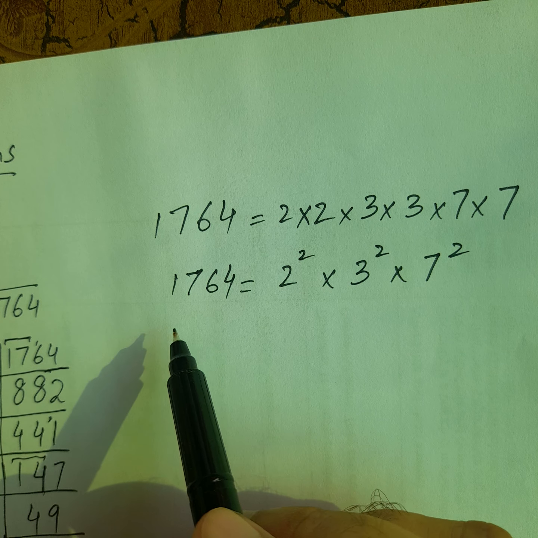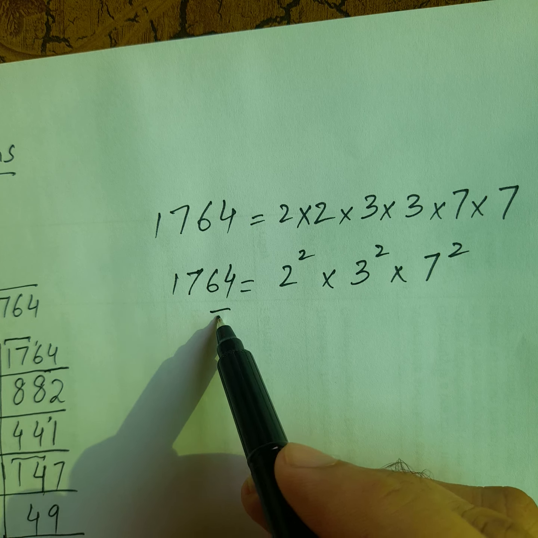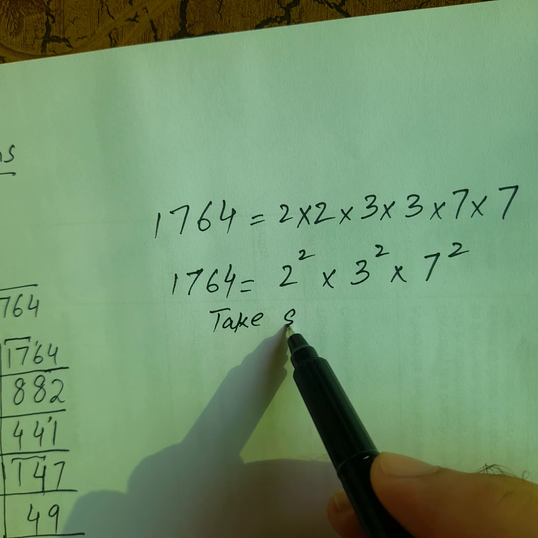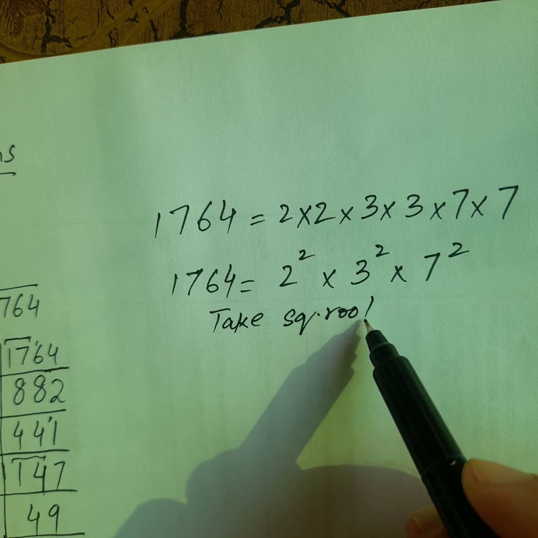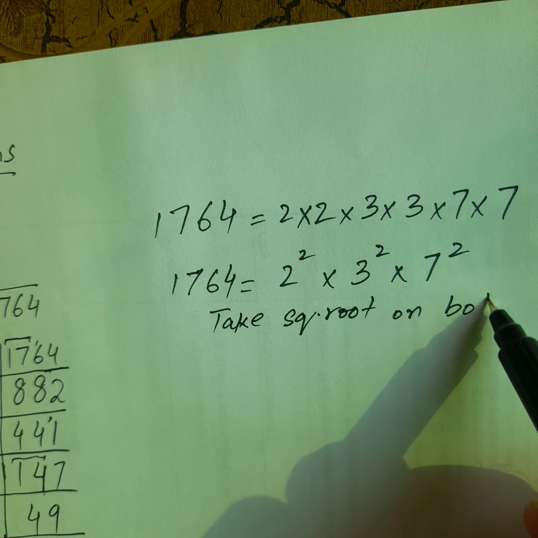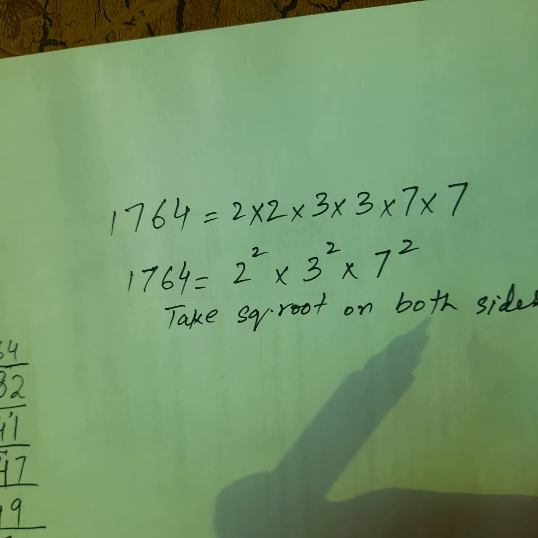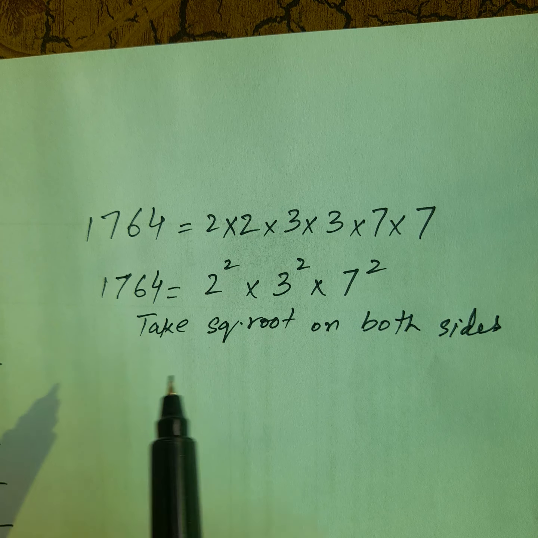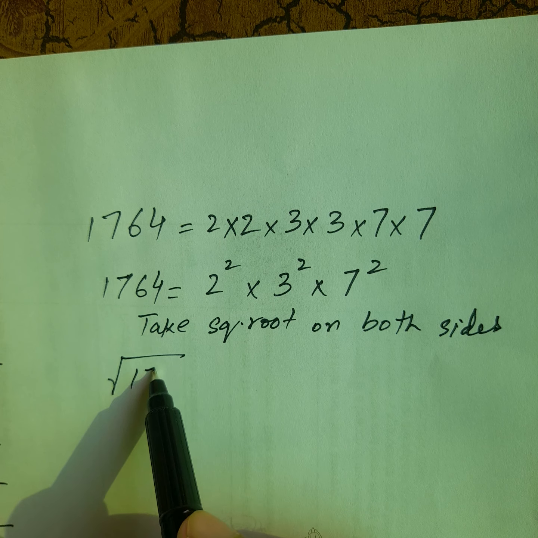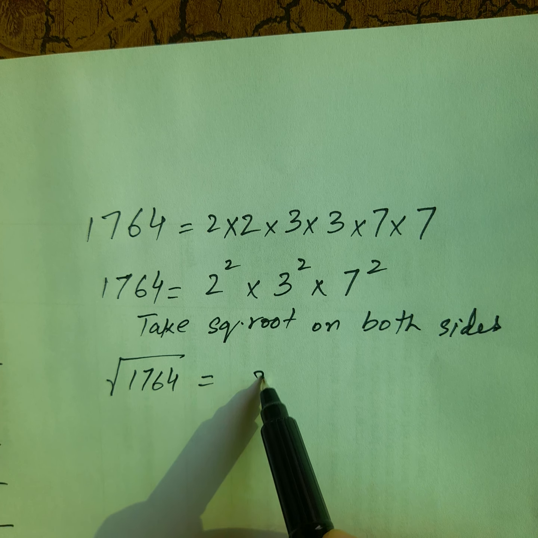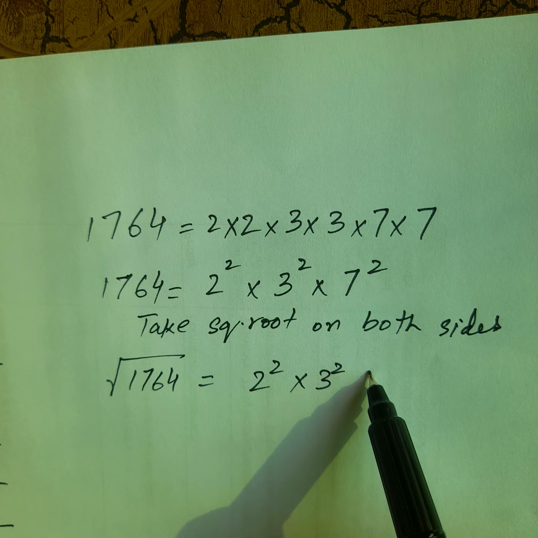Now take square root on both sides of the equation. So the square root of 1764 equals the square root of 2 square multiplied by 3 square multiplied by 7 square.